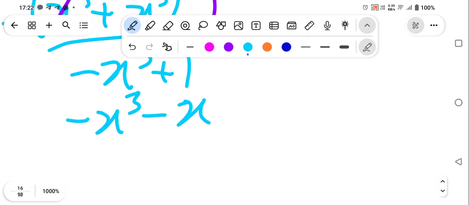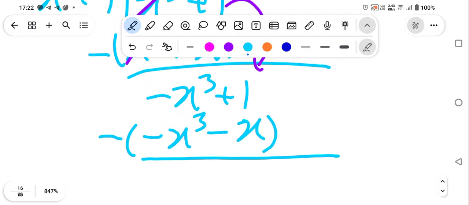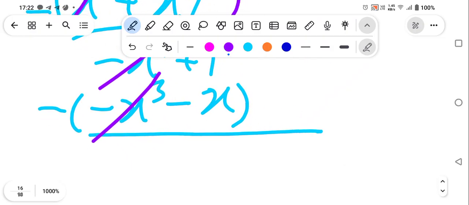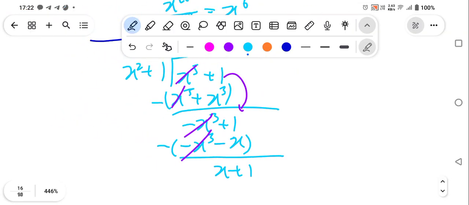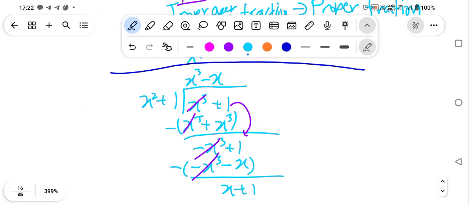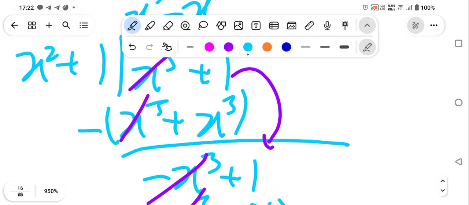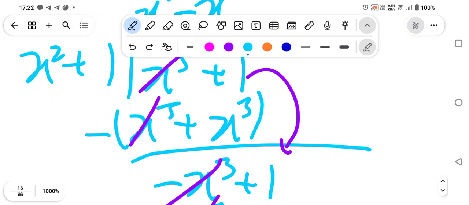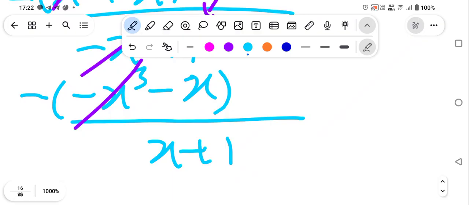We subtract this, this term cancels out, and what's left is x plus 1. Now we stop. This is the stopping criteria. Why? Because this is power 1, this is power 2, and power 2 is greater than power 1, so this is the remainder.